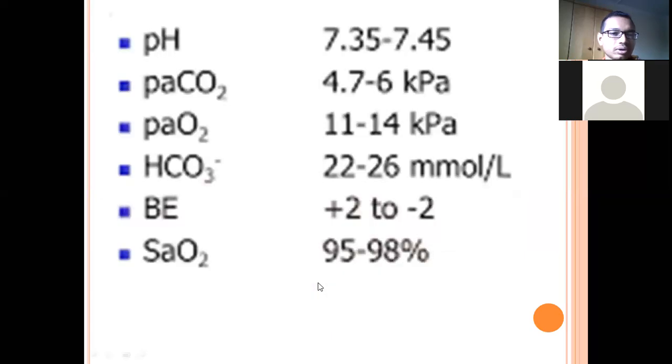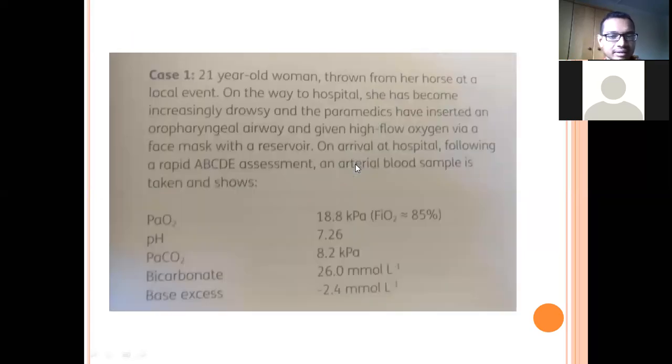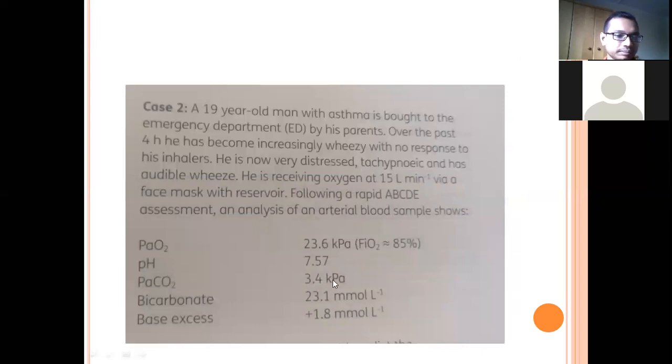We know the normal carbon dioxide partial pressure is 4.7 to 6. So 3.4 means the carbon dioxide is less, which means this is an alkalosis. If the pH and partial pressure of carbon dioxide match, this is exactly and without hesitation a respiratory thing. And what is this? Respiratory alkalosis.